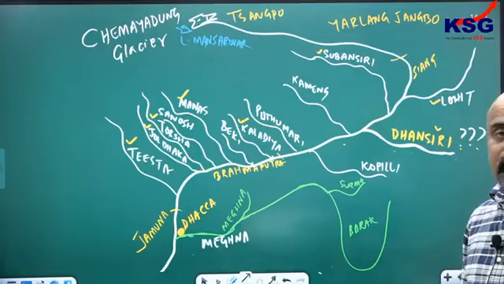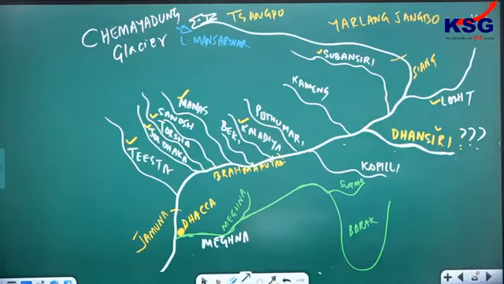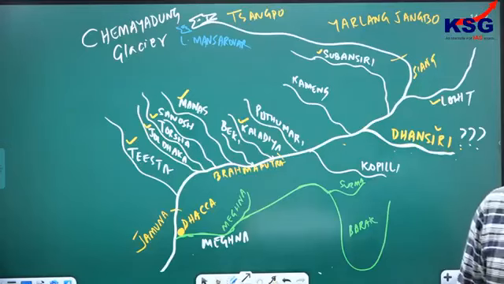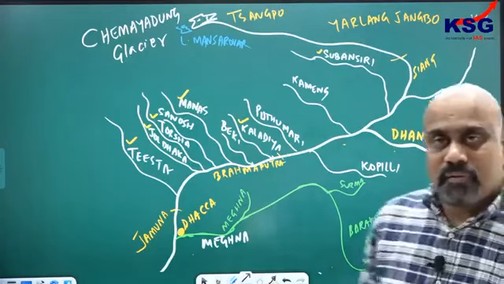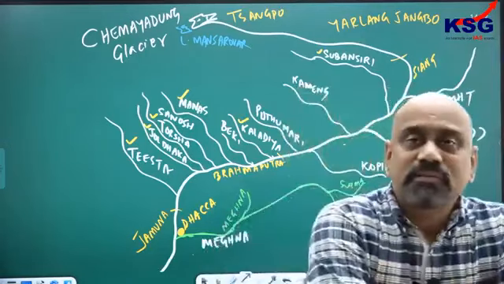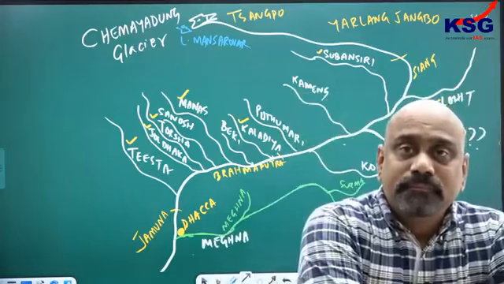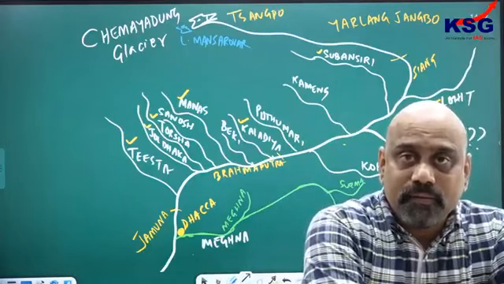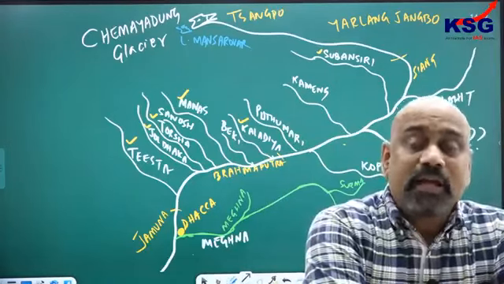And it forms the Assam plain. It enters Bangladesh as Jamuna, and it is joined by the Meghna river.